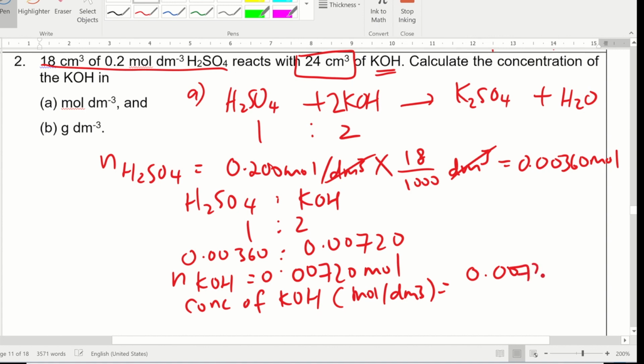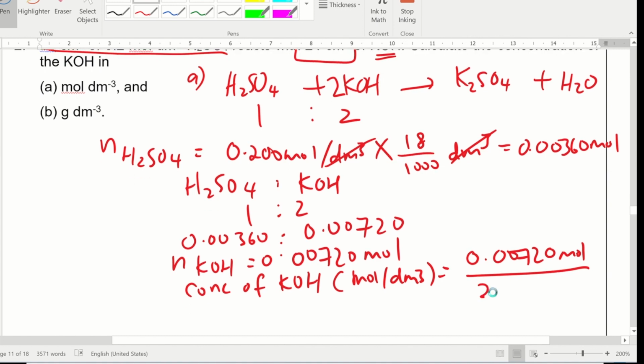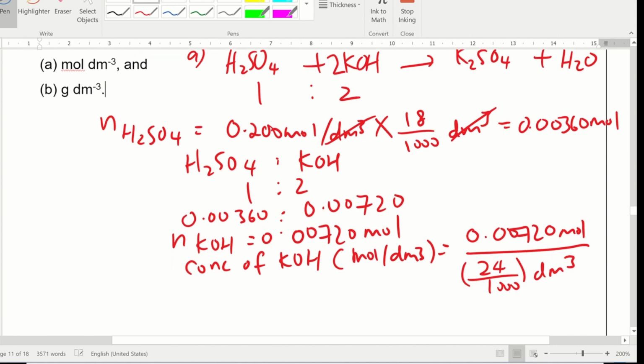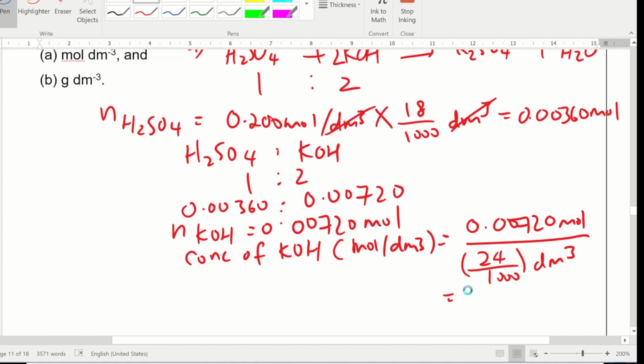So number of moles, 0.00720 mole, divided by volume, 24 cm cube, converted to dm cube. Mole divided by dm cube, I will get 0.300 mole per dm cube. So that is my answer, mole per dm cube. Alright, so this is part A.